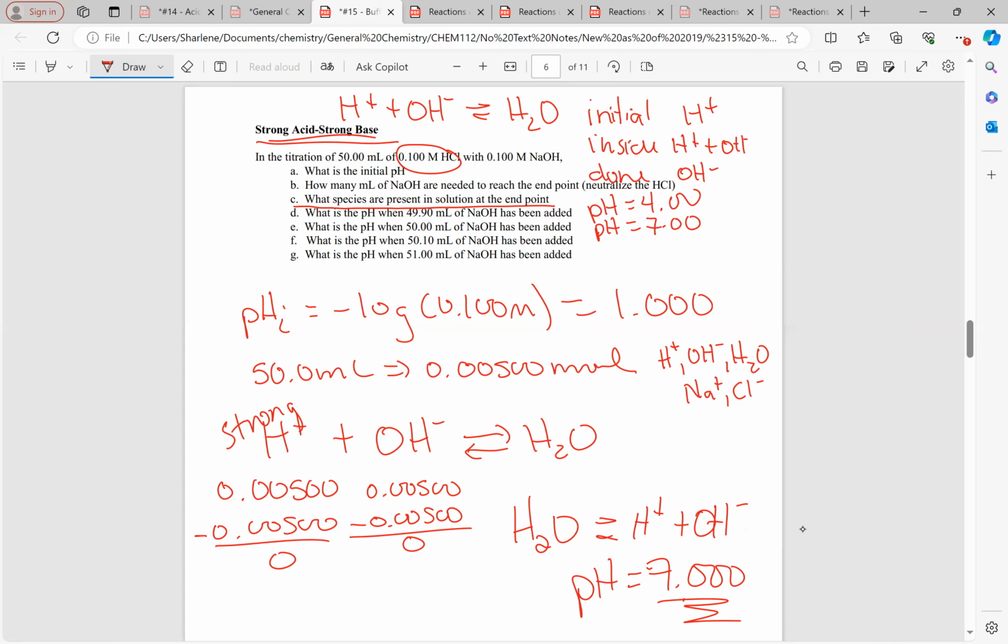All right. So I've done 49.9. I've done the endpoint. Okay, so E was the endpoint. Well, what happens if I overshoot by 0.1 or I overshoot by a whole milliliter? All right, we're back to that same question.